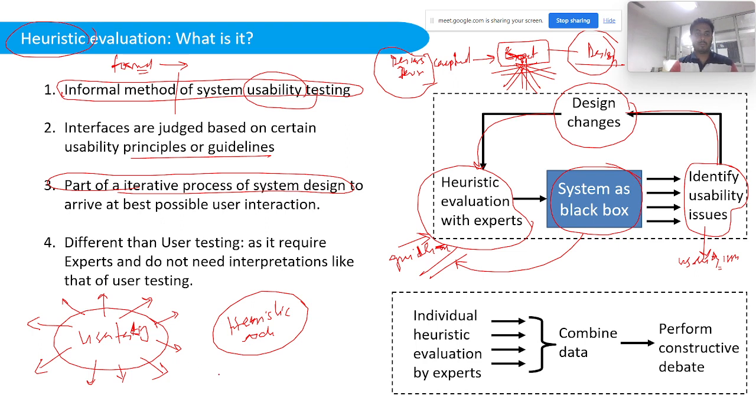Okay, to evaluate a system, the user is performing an activity and the user is giving some sort of reactions. These reactions, first of all, will vary from user to user.